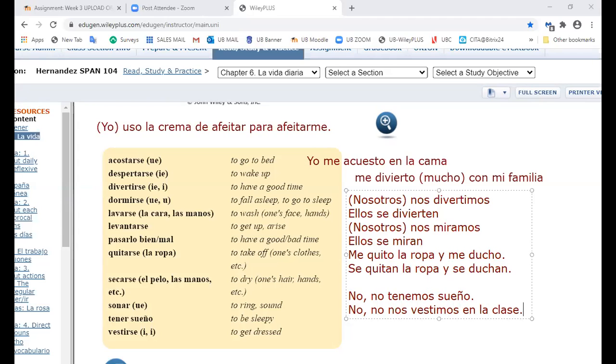So we always put no in front of the verb, but the difference now is that the reflexive is part of the verb. And remember, the reflexive goes in front of the verb when the verb has to be conjugated. Once the verb doesn't have to be conjugated, you can leave it in the front or attach it to the end.